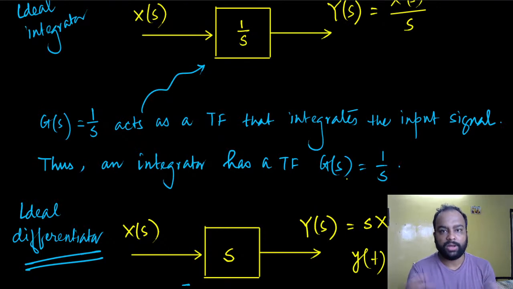Solving them manually might take a lot of effort, so people invented analog computers using op-amps to solve differential equations. We are going to see how people did that back in the day.